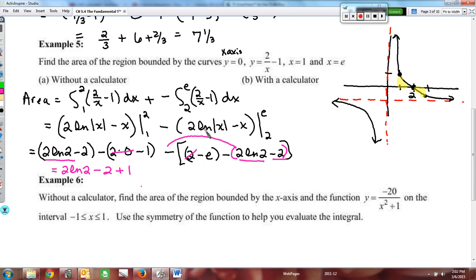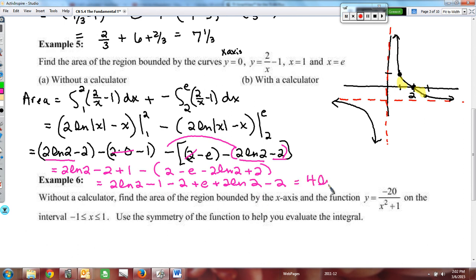And then over here we plugged in e, natural log of e is 1, times 2 is 2, minus e, and then we subtract, plug in 2, minus 2, so this is going to end up being minus 2 minus e minus 2 natural log of 2 plus 2, which is going to be 2 natural log of 2 minus 1, minus 2 plus e plus 2 natural log of 2 minus 2, which gives me 4 natural log of 2 minus 5 plus e. All right, let's verify that that's right.